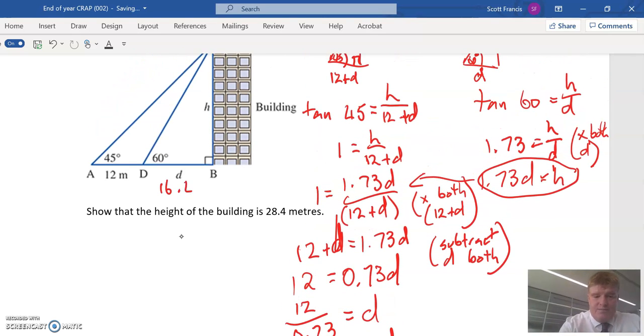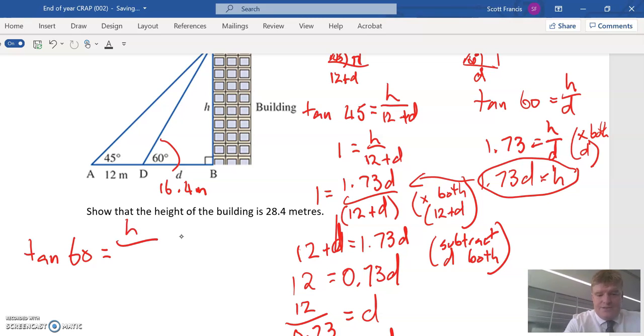Now we can write this into the diagram. D equals 16.4 meters. So now we have this triangle where we know the angle and the adjacent side, and we're looking at H. We can substitute this into the tan rule. Tan of 60 equals the side opposite, which is H, over the side adjacent, which is 16.4.